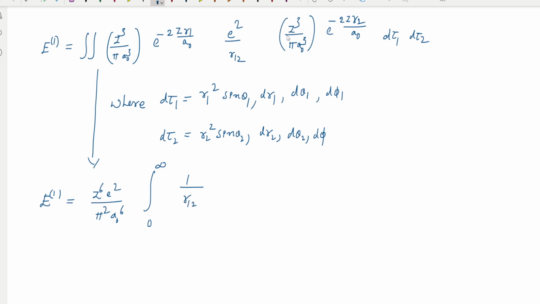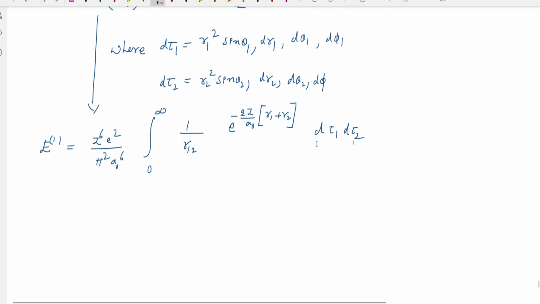The remaining exponential portion I'm going to write like this, e power minus 2 Z divided by a naught times r1 plus r2. So this is the final equation. We try to solve this one, which is very difficult.